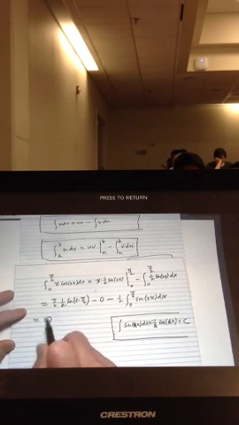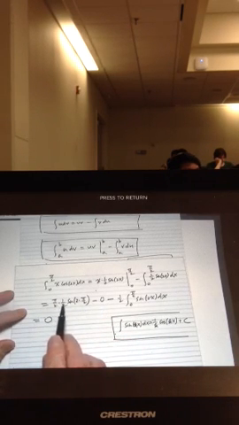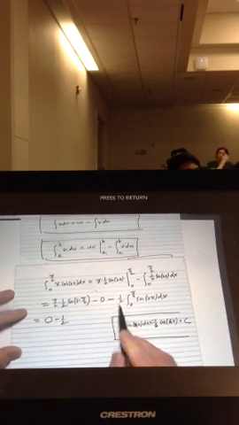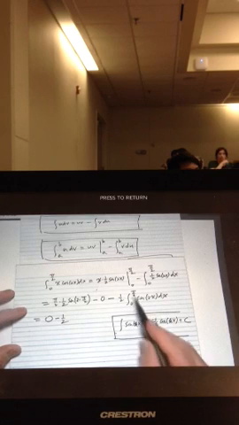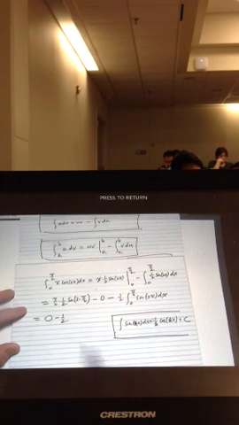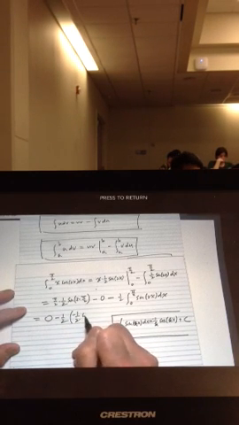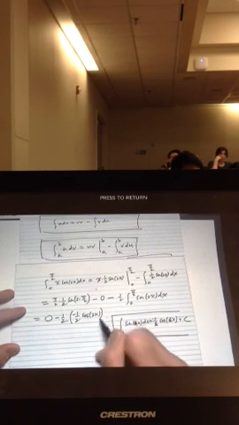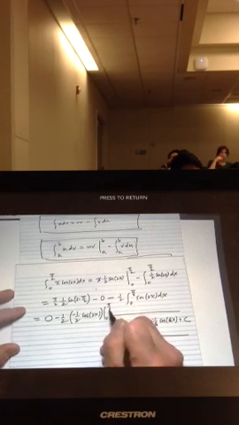So I have 0 here from the first two terms. And then there is minus 1/2 times the integral of sine of 2x, which is minus 1 over 2 cosine 2x, evaluated from 0 to pi over 2.